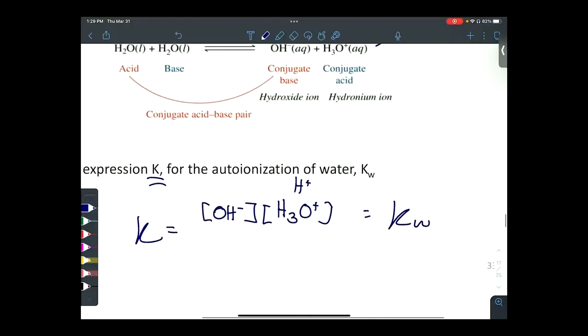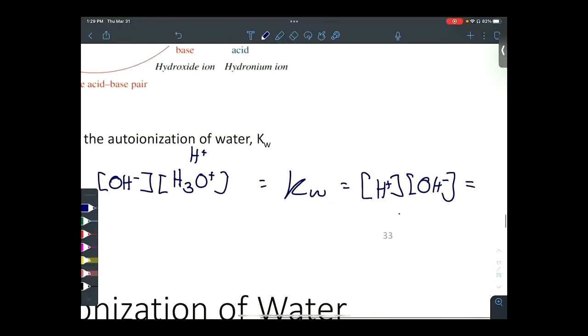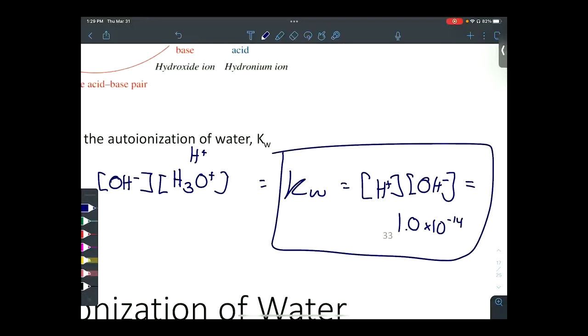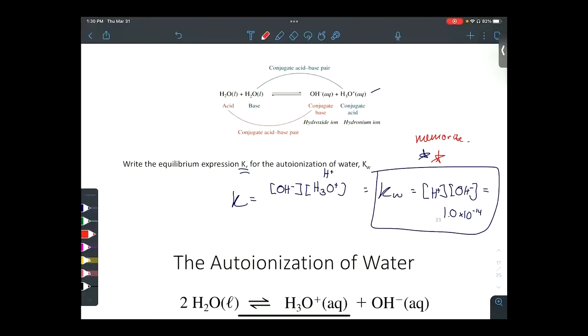Any sample of water, Kw, which is equal to what we just said, H plus concentration times the concentration of OH minus, equals 1.0 times 10 to the negative 14. That's very special for water. You need to memorize this. I'm going to put it in red, memorize it. So this is a very special K expression. It's specifically for water. And that value is equal to 1.0 times 10 to the negative 14.